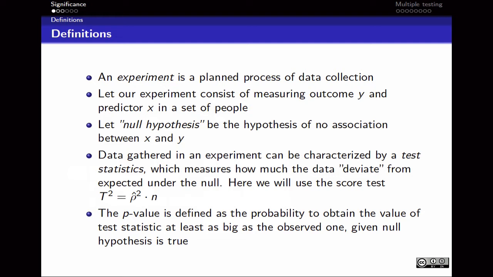But we will consider again the score test, t-squared, defined as the coefficient of determination, which is correlation squared multiplied by sample size.